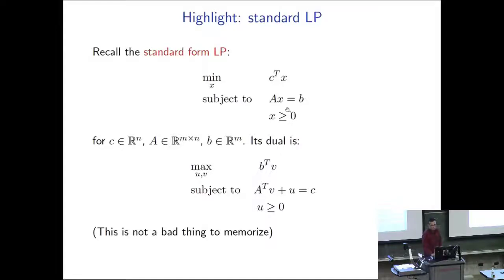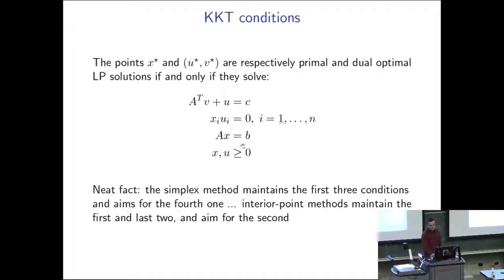That just comes from this condition. Primal feasibility is Ax equals b and x bigger than or equal to 0. And dual feasibility is just u bigger than or equal to 0. So these are the KKT conditions for a standard form LP, and if I solve these, then I have primal and dual solutions.